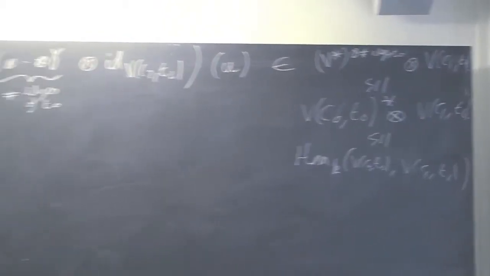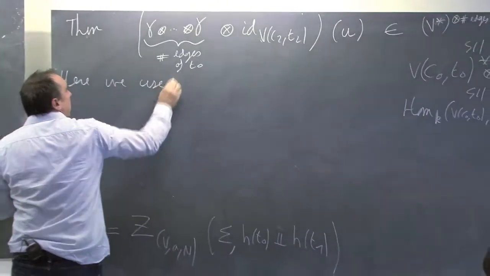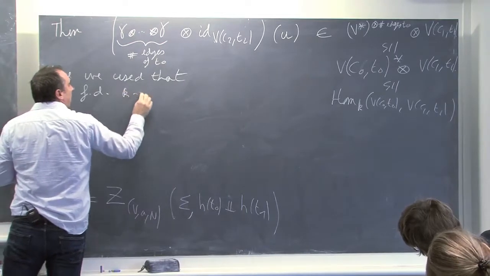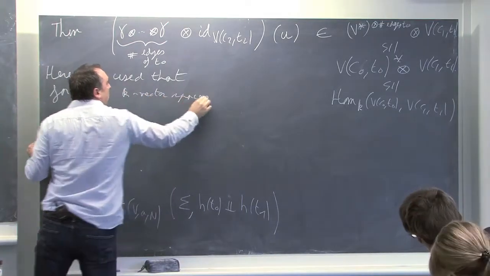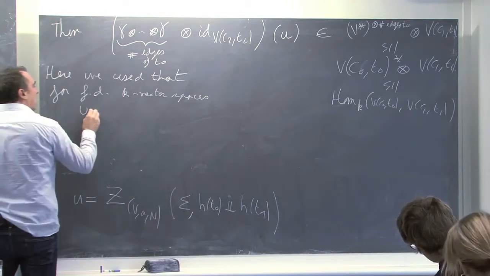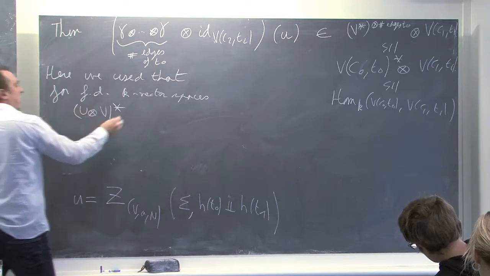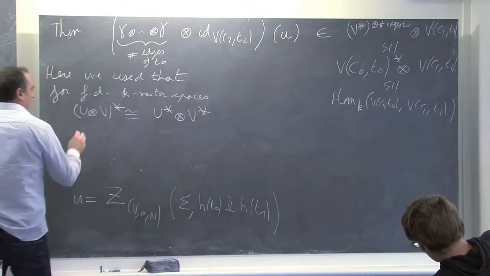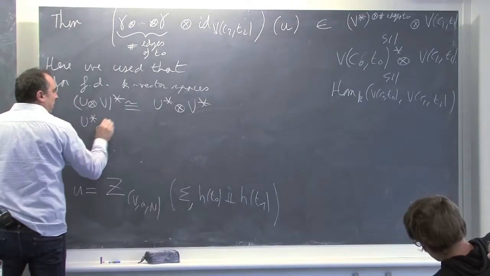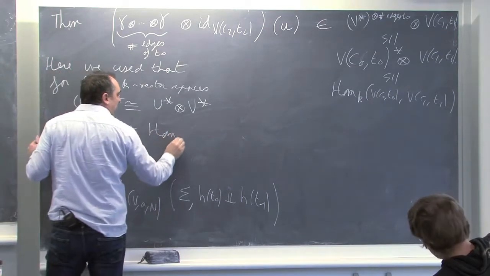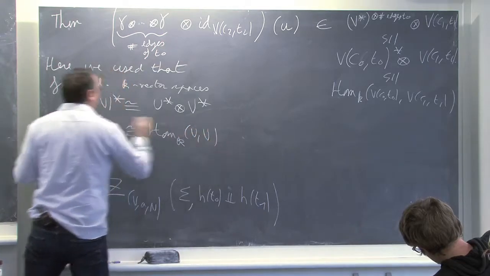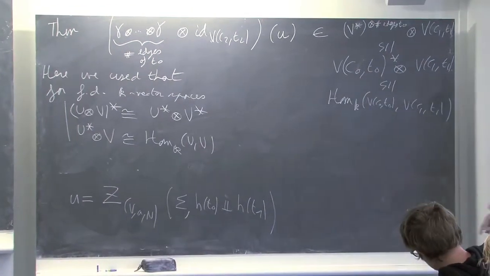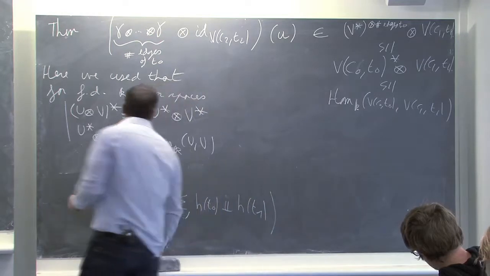Of course, here we used that for finite dimensional K vector spaces, we have that the dual of U tensor V is canonically isomorphic to the dual of U times the dual of V, and that the dual of U tensor V is the same thing as the K-linear homomorphism from U to V. In this isomorphism, okay, so we obtain a linear map.